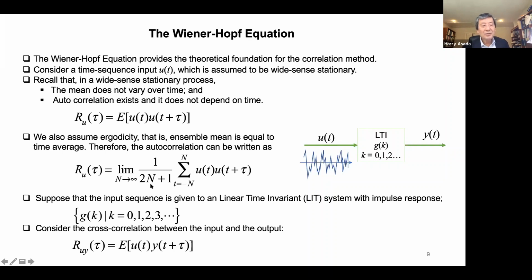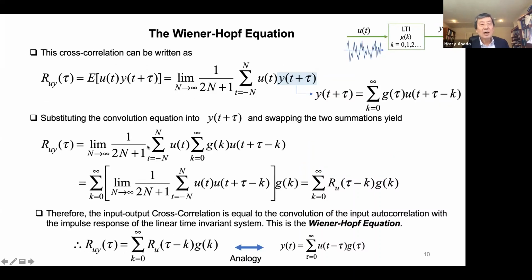Then what we would like to do is obtain the discrete impulse response. We look at linear time invariant systems, and we would like to extract this GK from the cross correlation between input and output. Using the ergodicity assumption, this can be written this way and extends to infinity.